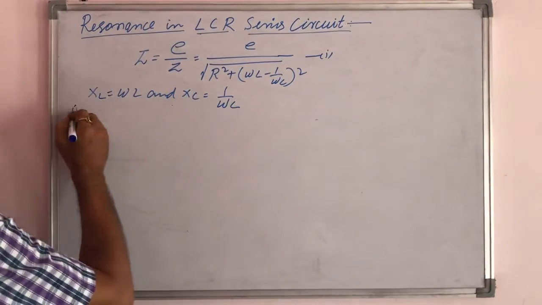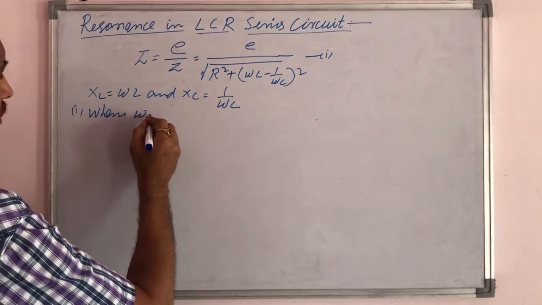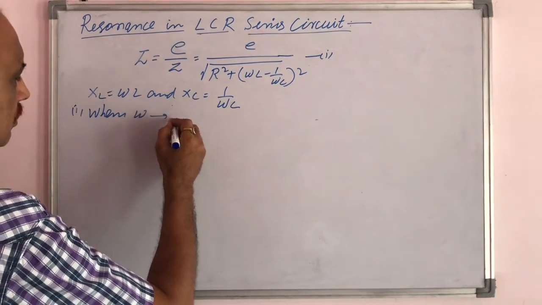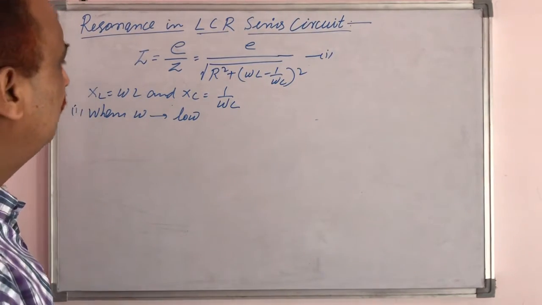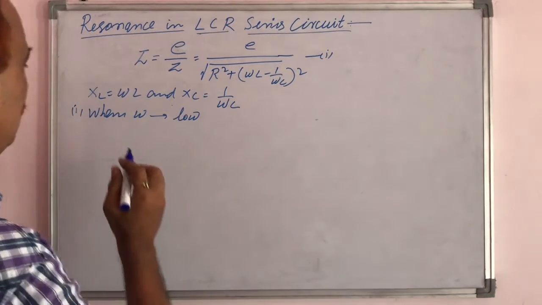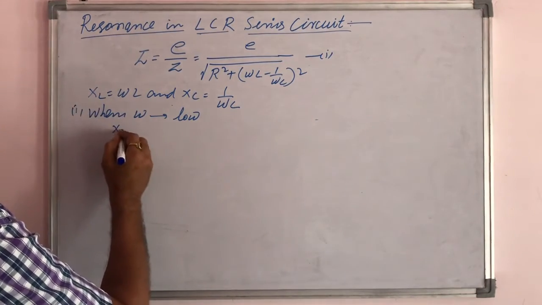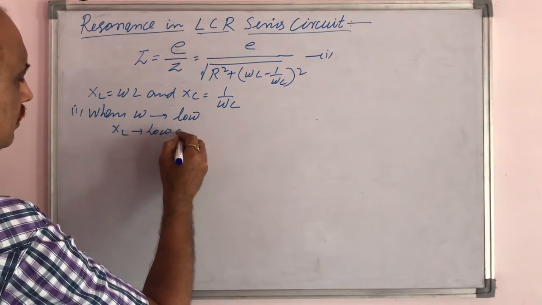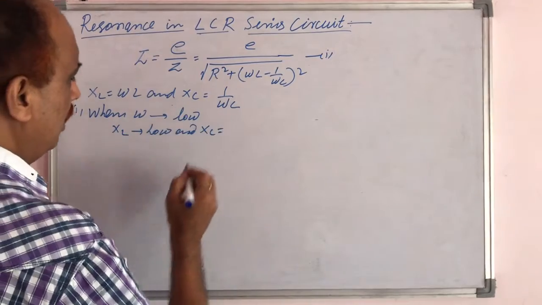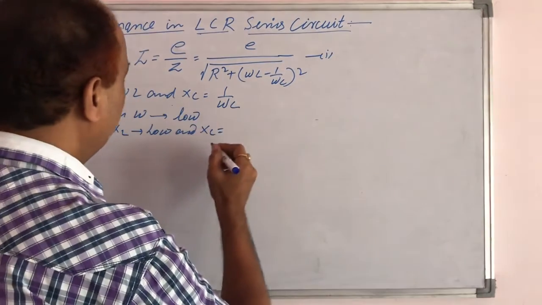Condition number 1: when omega is a low value, then what will be the effect on XL? If omega is low, XL will also be low, and XC, which has an inverse relation with omega, will be high.